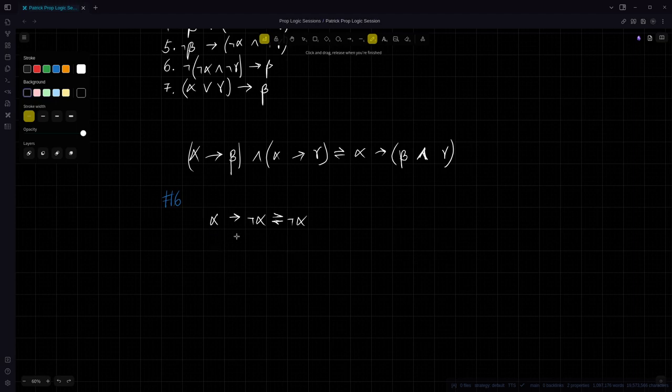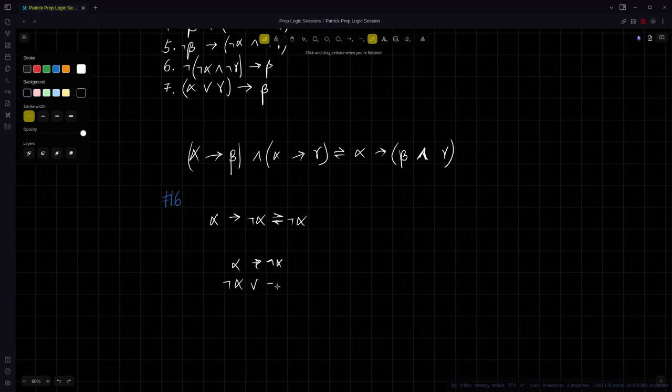So you can prove this as well. You have, let's say, alpha implies not alpha. You can just do a material implication and that'll be not alpha or not alpha. This is a very easy proof.